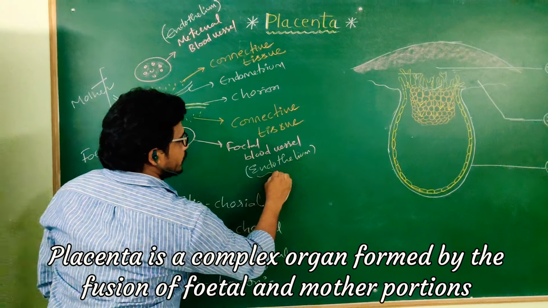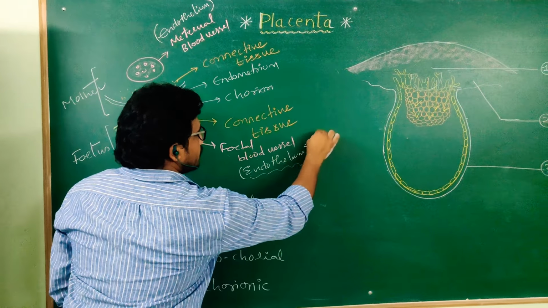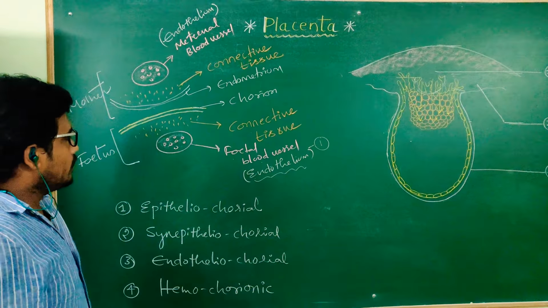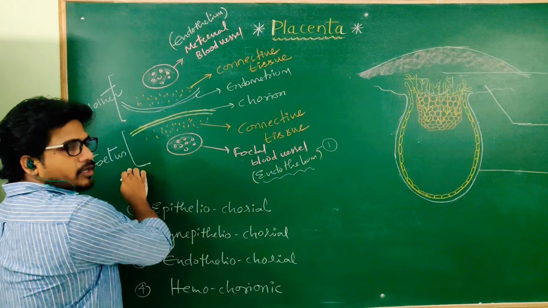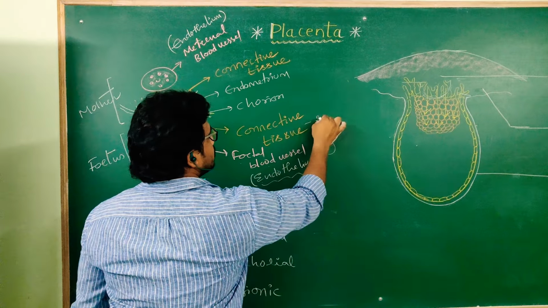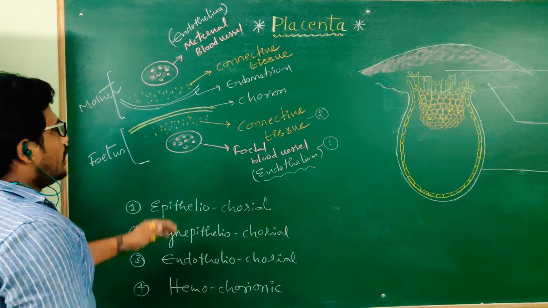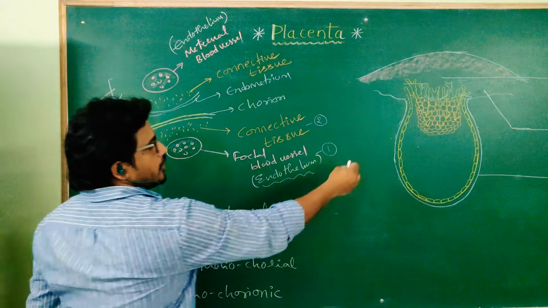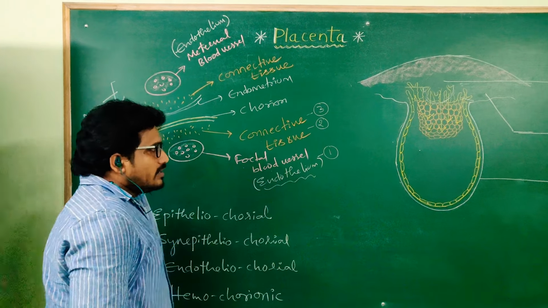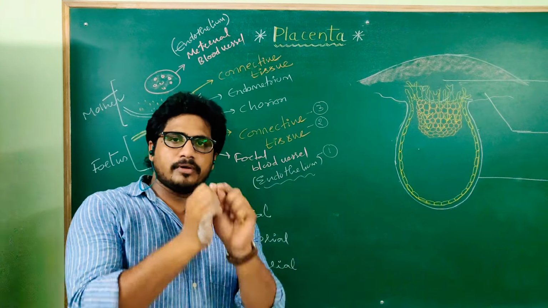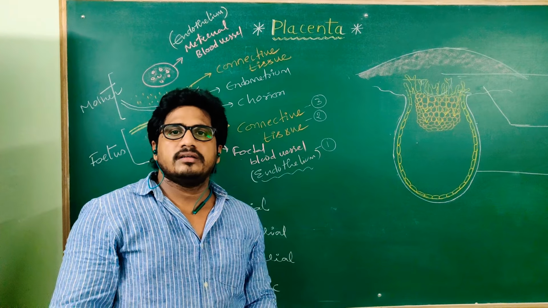Blood vessel means what? Endothelium. So this is part 1. And around the endothelium there is a connective tissue. The connective tissue also belongs to the fetus. This is part 2. After that, the chorionic layer. This is part 3. So till now, all these labeled parts belong to only the fetus.